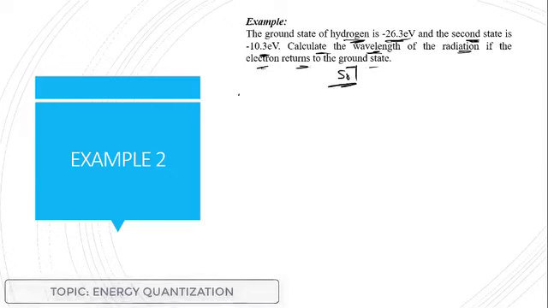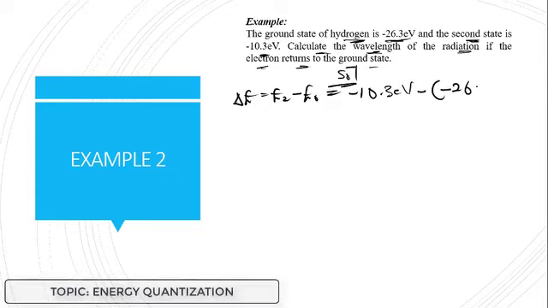We need to get the change in energy level, which is given by energy level 2 minus the ground state, which is minus 10.3 electron volts minus minus 26.3 electron volts. So change in energy is going to give us 16 electron volts or plus 16 electron volts.